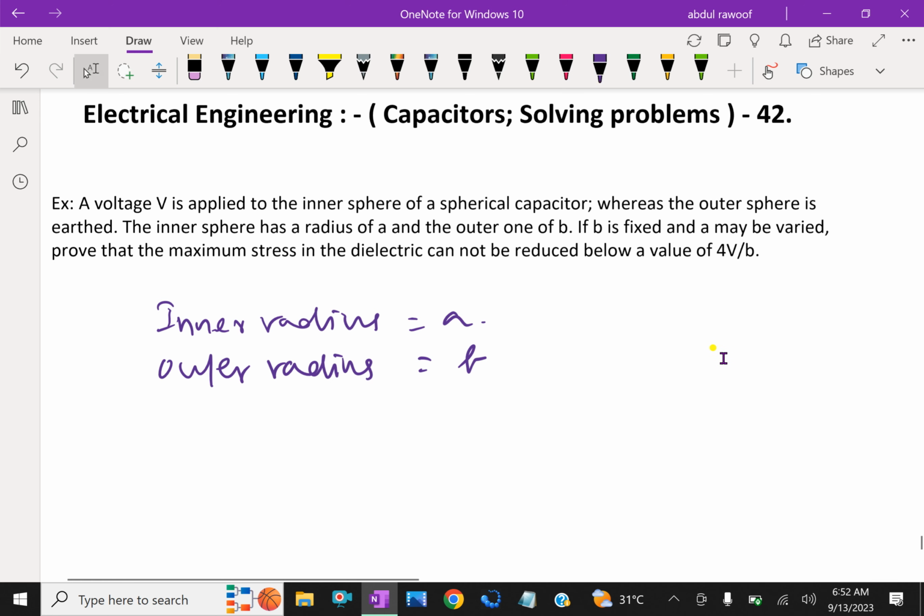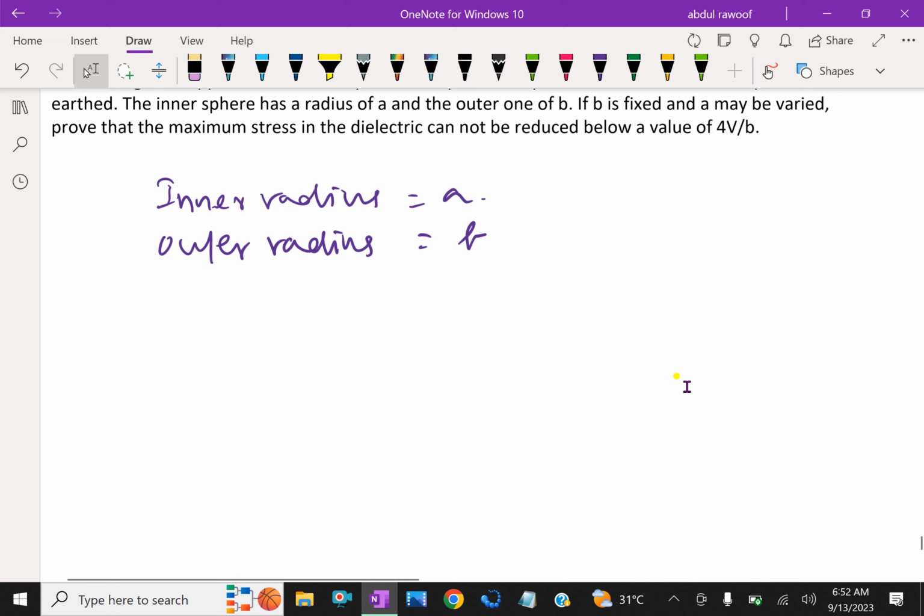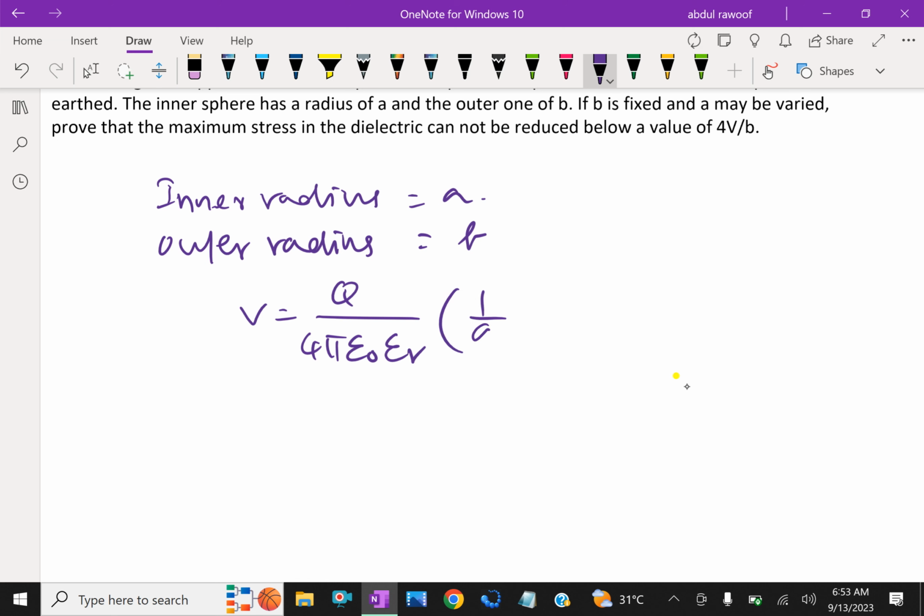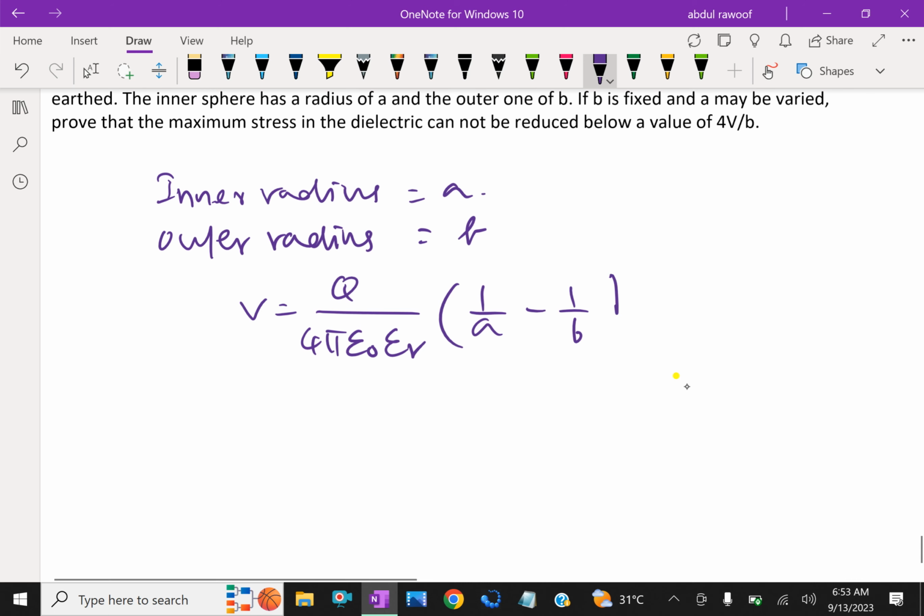Now, we know that for a spherical capacitor, voltage V equals Q over 4 pi epsilon 0 epsilon r times 1 over A minus 1 over B.